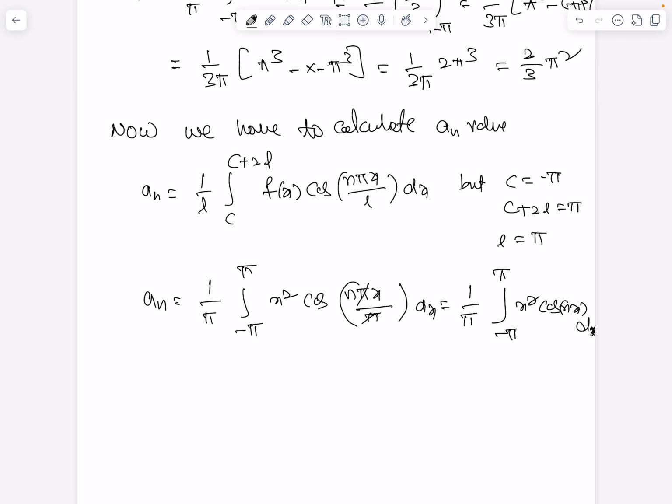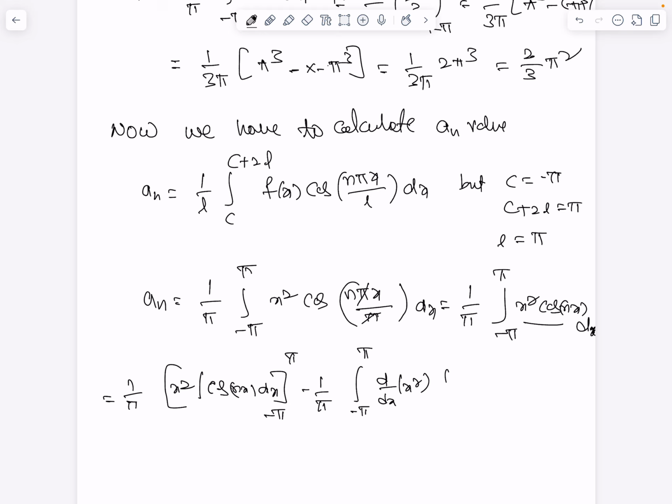Since it is a second degree polynomial in the integrand, we have to split that into three parts, three terms we are going to get in the expansion. In the first term, we retain x square and apply the integration over cos nx dx, minus pi to pi, minus 1 by pi, integration from minus pi to pi of the derivative of x square into the integration of cos nx dx.